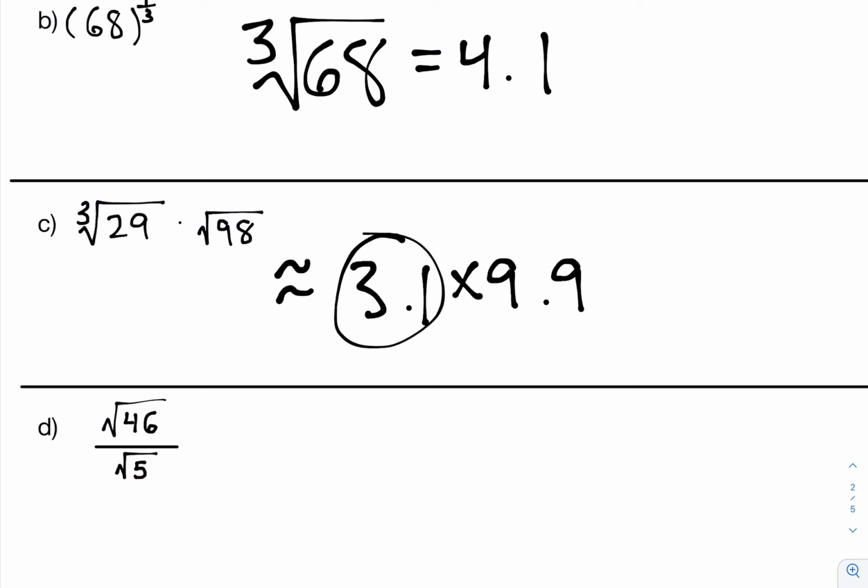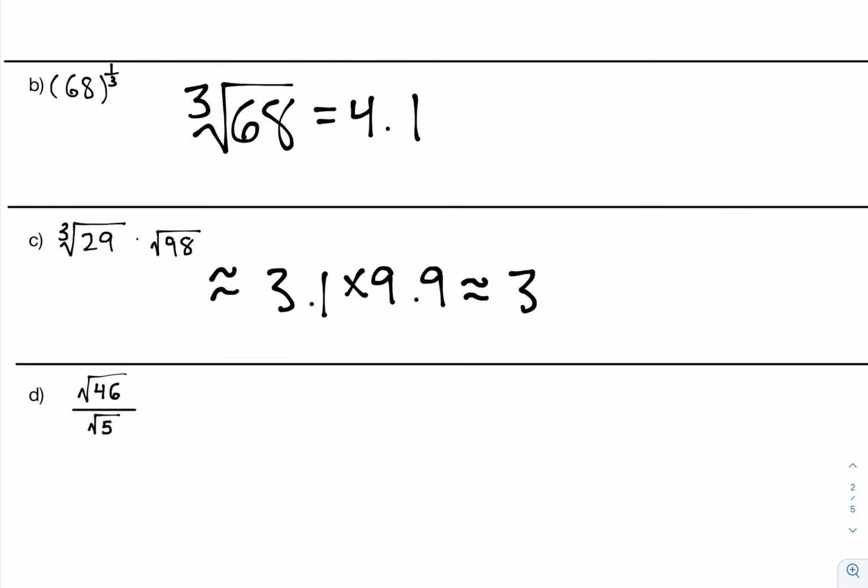So we have a number that's just over 3 times a number that's just under 10. This is going to be probably about 3 times 10, and this is going to be about, I'd say 30. So it doesn't have to be exact. We don't have to do 3.1 times 9.9 exactly, but 3.1 is just over 3, 9.9 is just under 10, so that's about the neutralized version, which is 3 times 10.